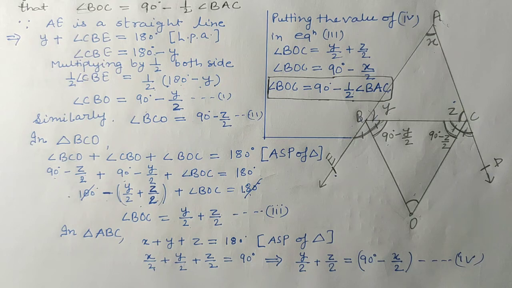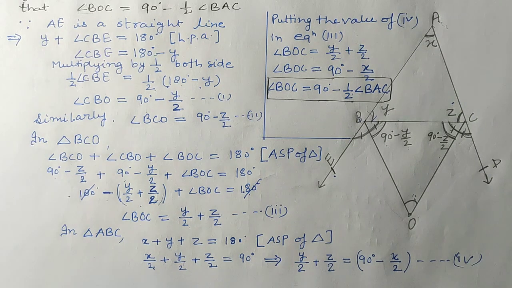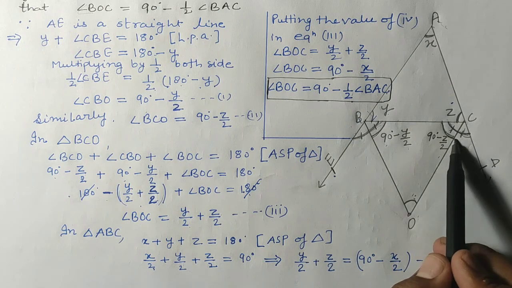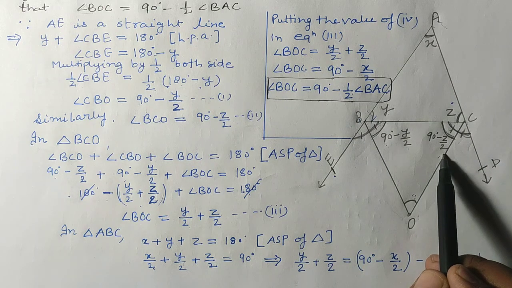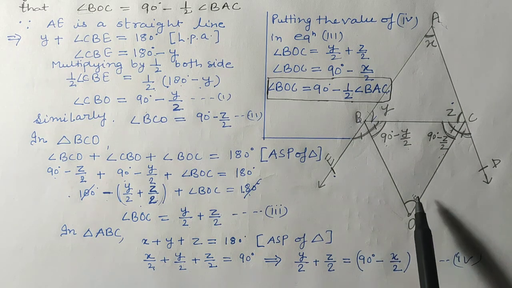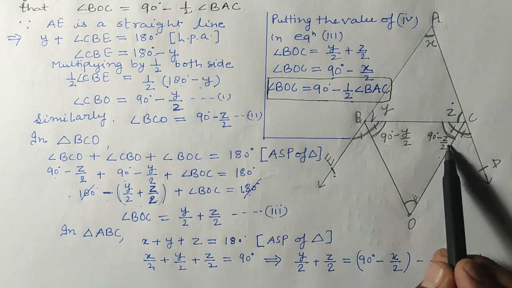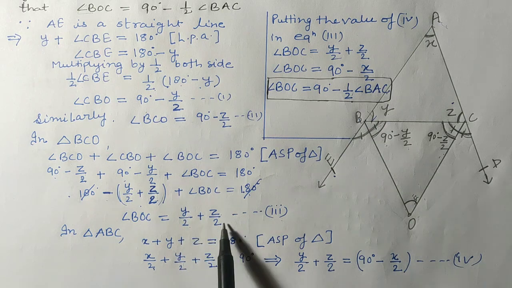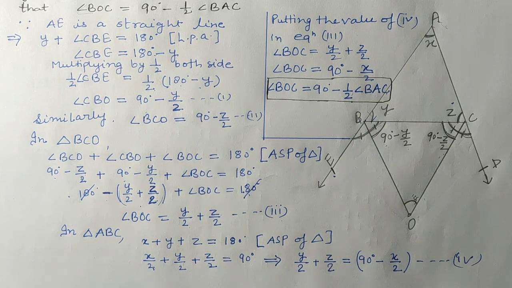Okay students, you have to understand this question stepwise. Let us see once again what we have done here. Firstly we found this value 90 minus y by 2 and this value 90 minus z by 2. After that we took the sum of all these three angles, which should be 180 degree, and from this we got a relation between these three angles, that is equation number 3: angle BOC is equal to y by 2 plus z by 2. After that, we know that in triangle ABC the sum of these angles should be 180 degree.